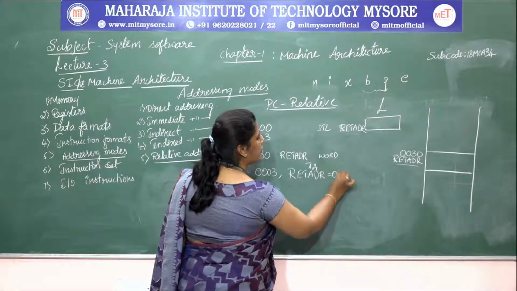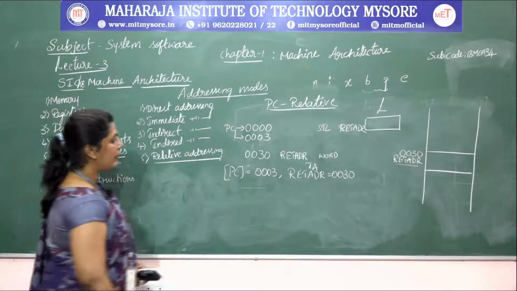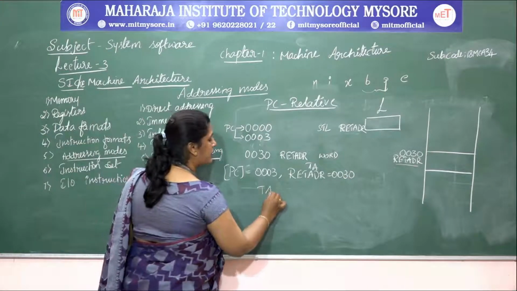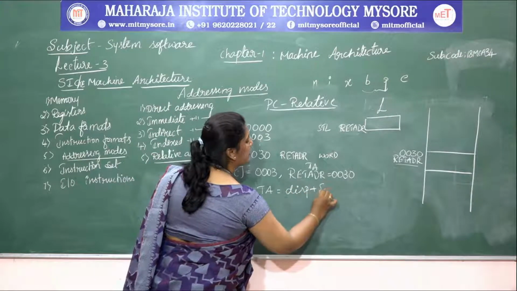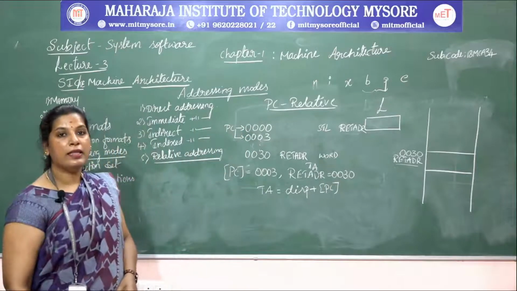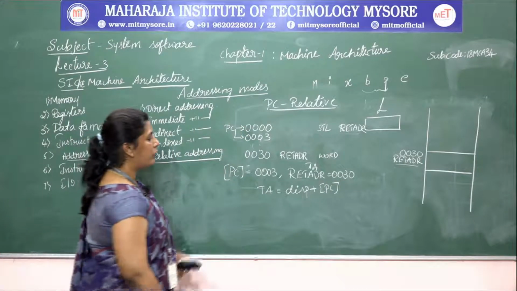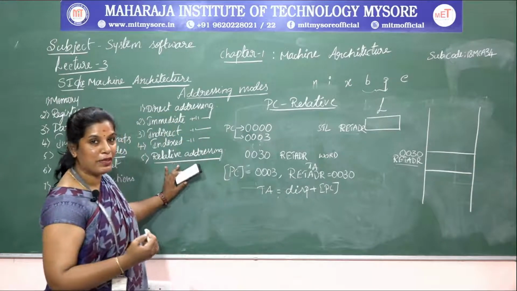So what is the memory location? 0030. To get the target address, the formula for program counter relative addressing mode is displacement plus the content of the program counter. So what is the displacement value? I don't know, so we need to find out the displacement.